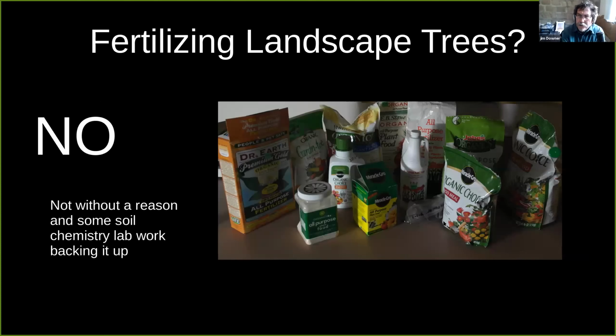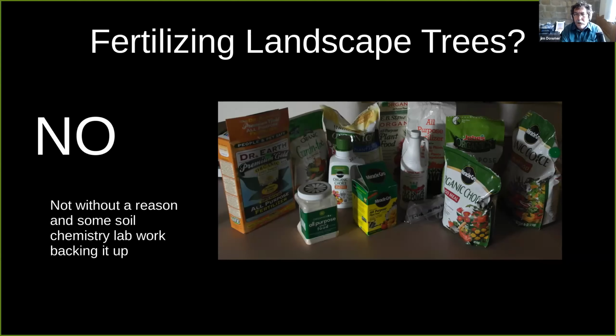What about fertilizing landscape trees? I have one word for you: no. Most of the time, no. Not without a reason, not without some soil chemistry lab work that tells us what it is we need and why we're fertilizing. And if you're using fertilizer materials to achieve changes in pH, for instance, that's legitimate if that's what you think you need to be doing. But you need to have a plan.